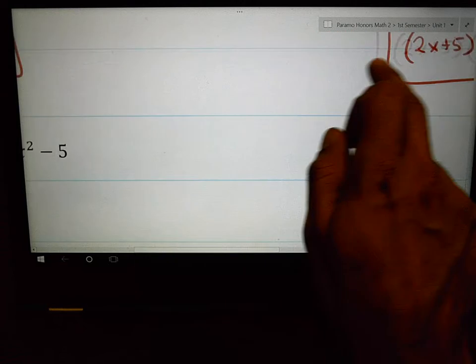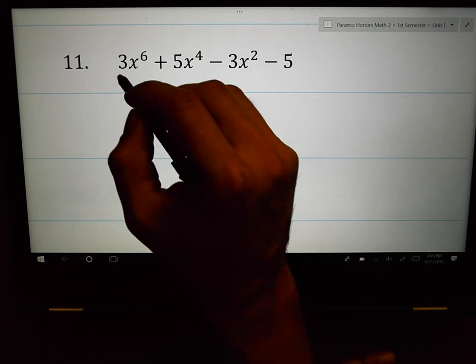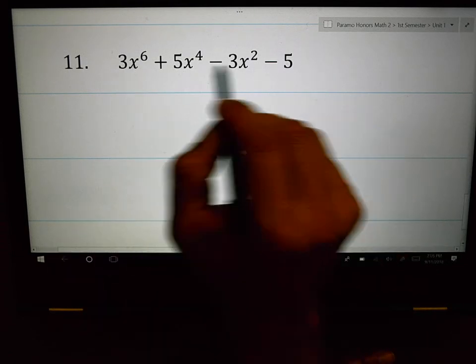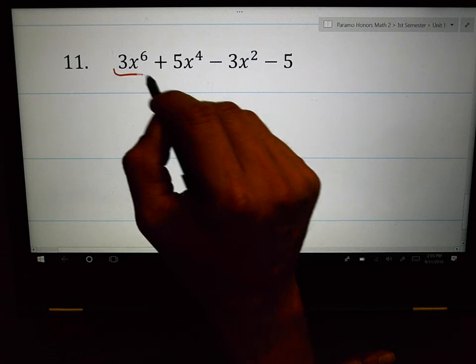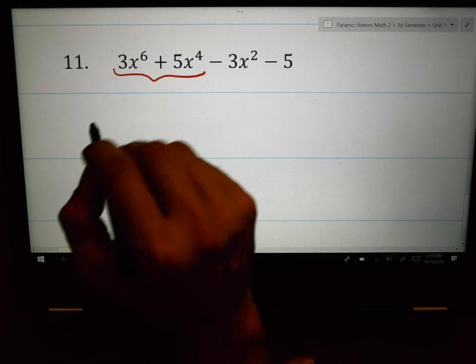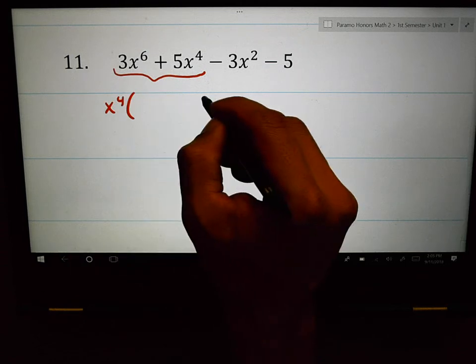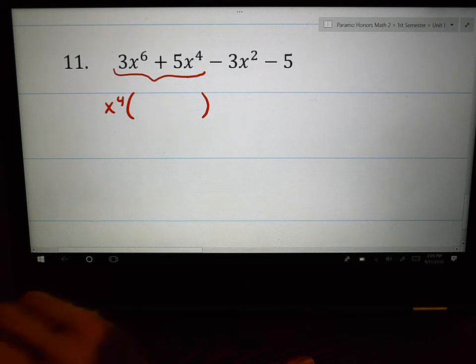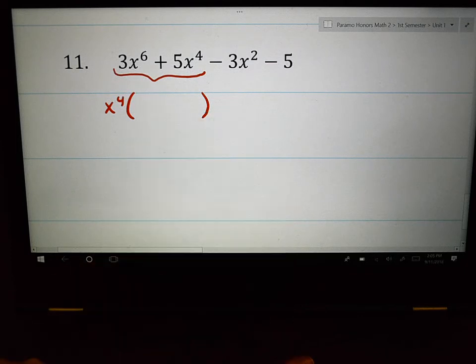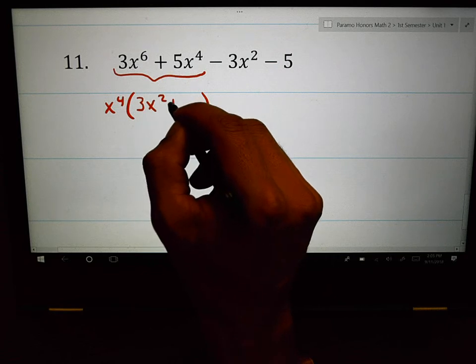Last example. Number 11. I don't see a GCF of all 4. So since there are 4 terms, I'm going to do a GCF of the first 2. And I think that GCF would be x to the 4th. Three x squared plus a 5.